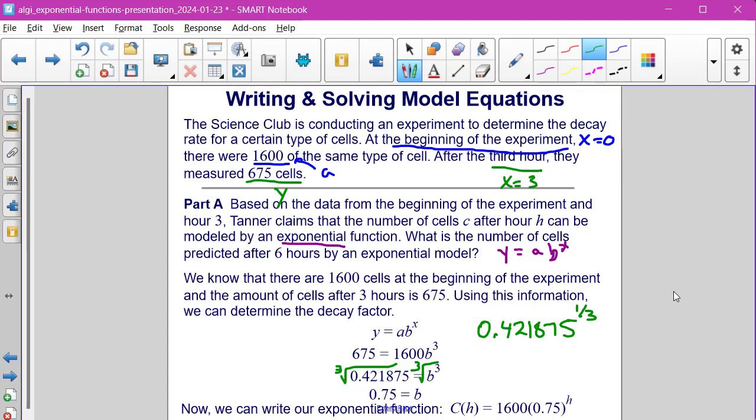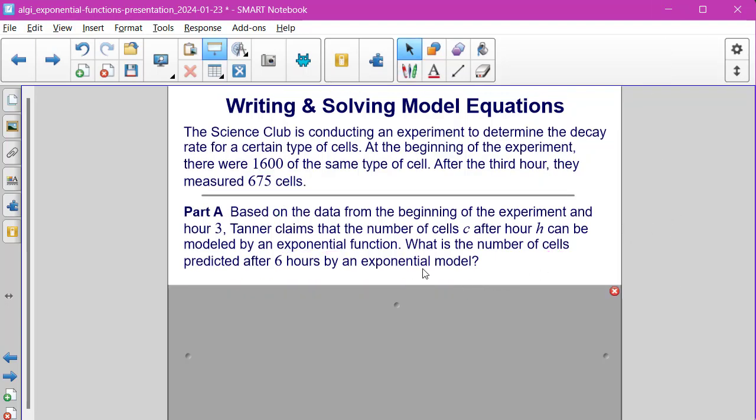So now we can write out our exponential function C, or the number of cells in terms of h, the number of hours, is equal to 1,600 times 75/100 raised to the h power, or 3/4 raised to the h power.